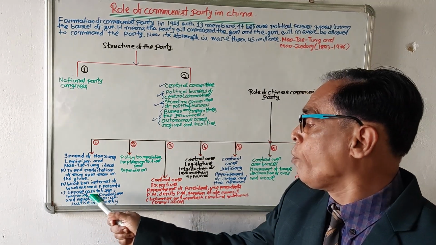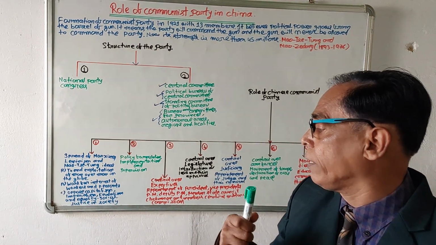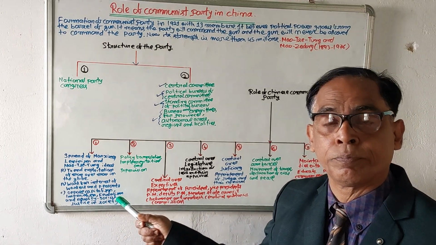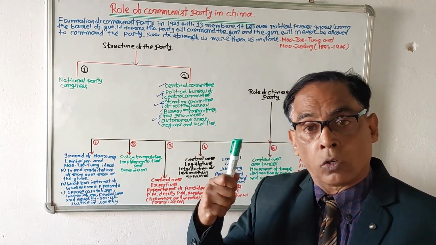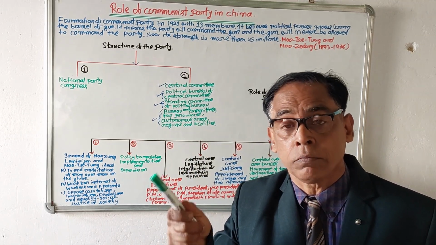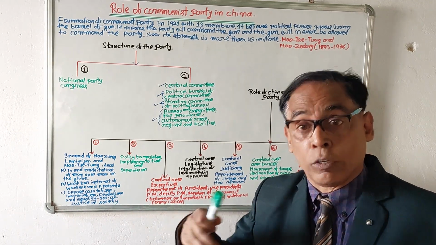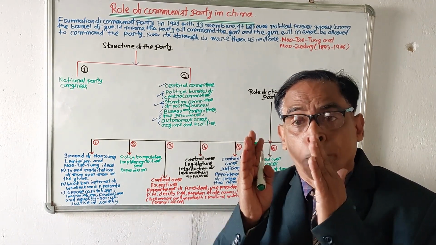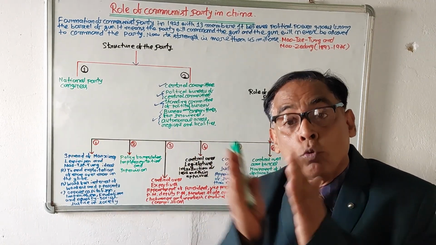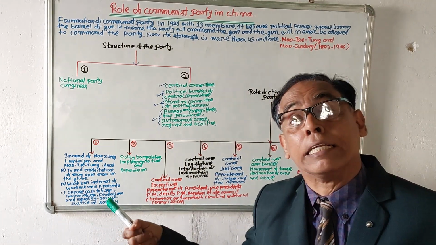And number three, oppose capitalism, imperialism, and feudalism. The Communist Party always opposes capitalism, feudalism, and imperialism. Again, it wants to fight for equality in place of inequality. It wants to fight for social justice in place of social injustice.